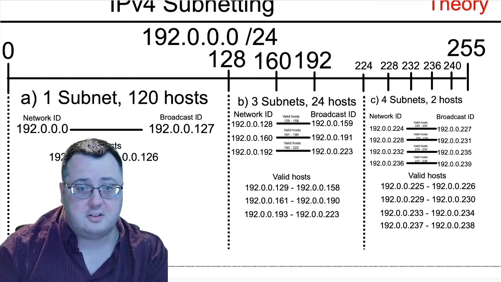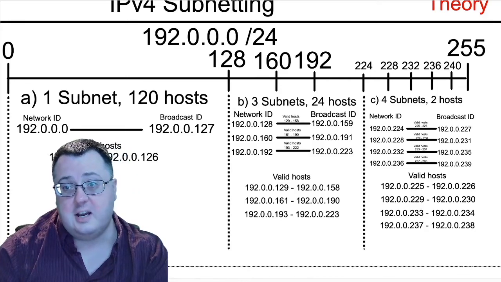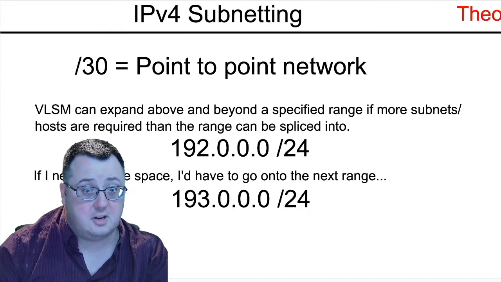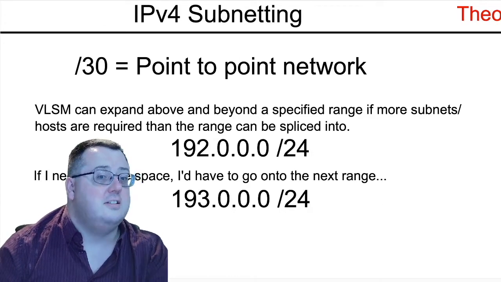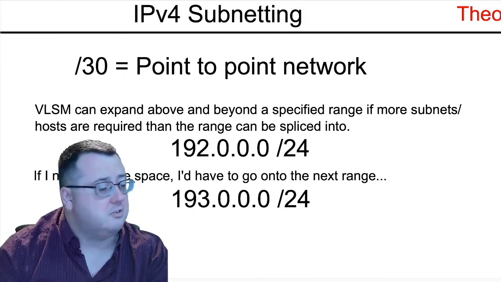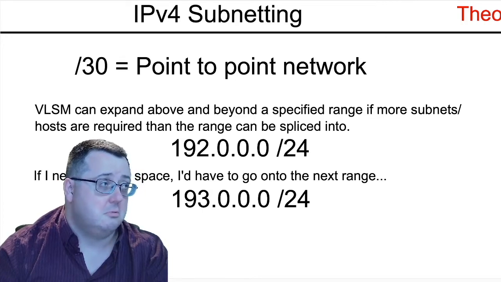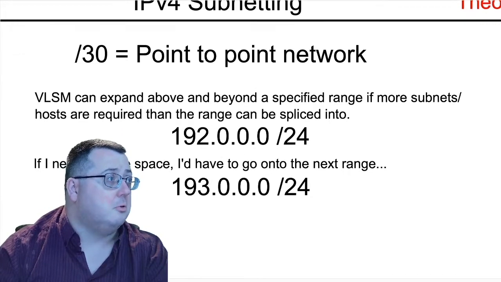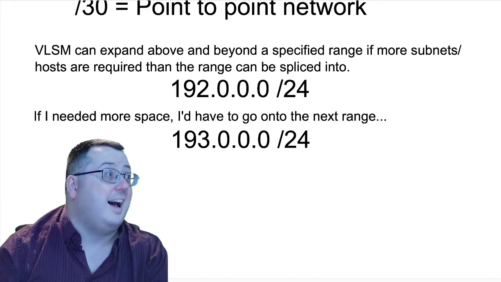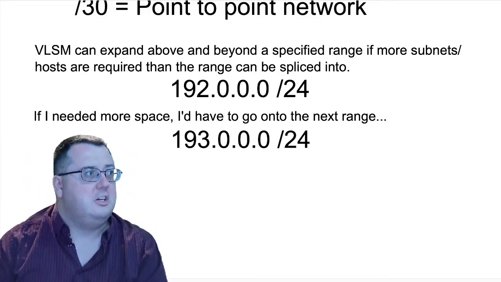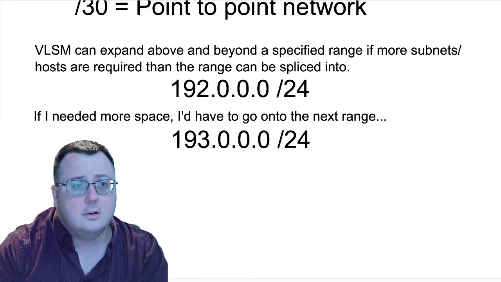You'd have another subnet between 128 and 254. And then you'd have to go on to the next range, 193.0.0.0 to 193.0.0.127. So if you need more space, you do have to allocate more space to get that range in and done.